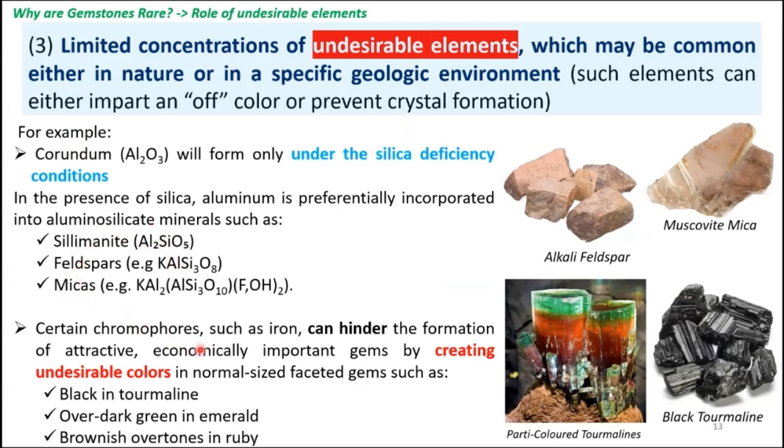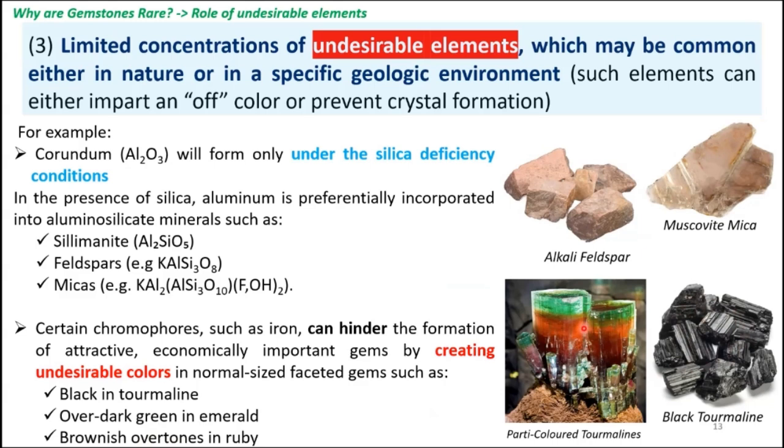In addition to that, some of the elements, even some of the chromophores, in high concentration can negatively affect color. Here are some examples. With more chromium, sometimes it's a poison for gems, and an over-dark green color is produced in emerald. Sometimes there is a high concentration of iron, like in this black tourmaline, so its economic value is very low.